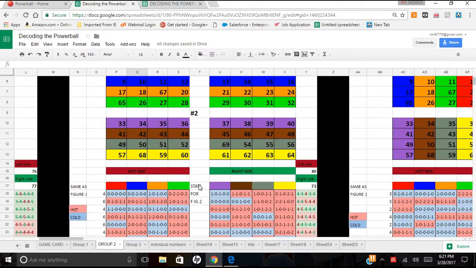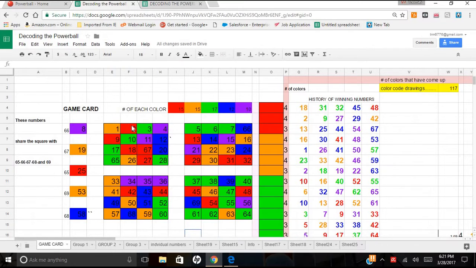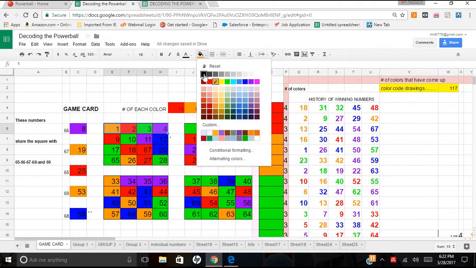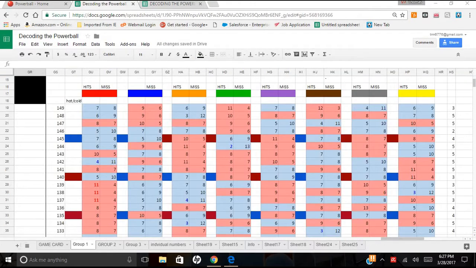So that means I go up and I find the red area, 1 through 66. I go to the game card and I eliminate these numbers. That's how it works. Again, I'm looking at this green section, and if I believe this is going to be blue up here, again, I believe there's going to be lots of misses.